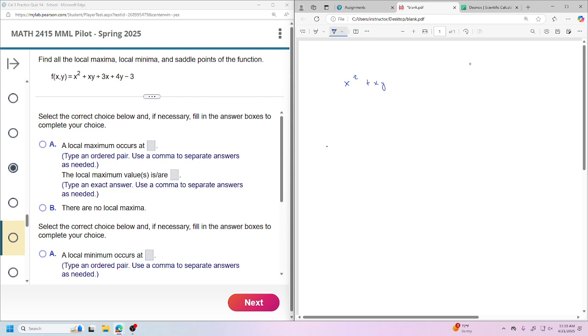Let me just rewrite this here. So 4y minus 3. So f sub x. Boom, boom. No, I'm just going to do it. Sorry, the way you phrase things sometimes it seems like you're asking a question. I know, I'm sorry.